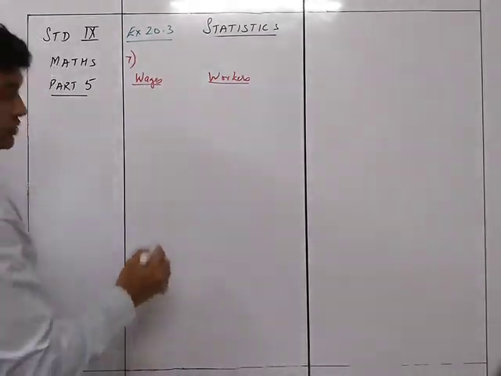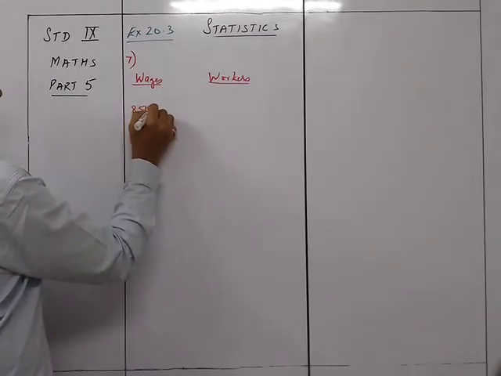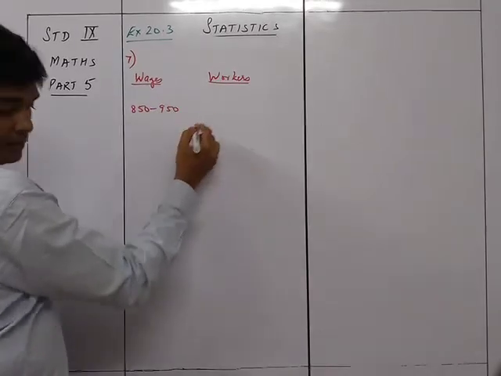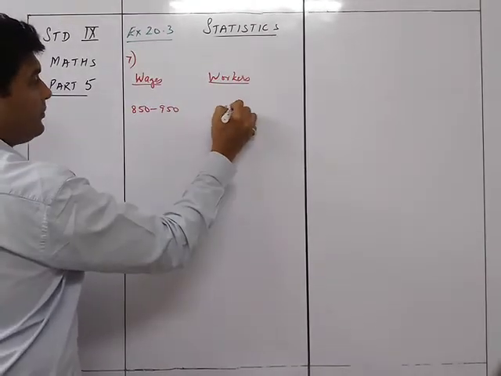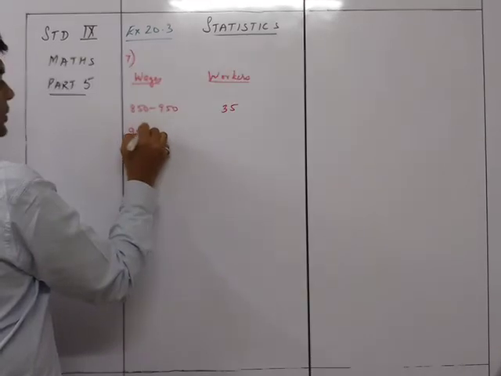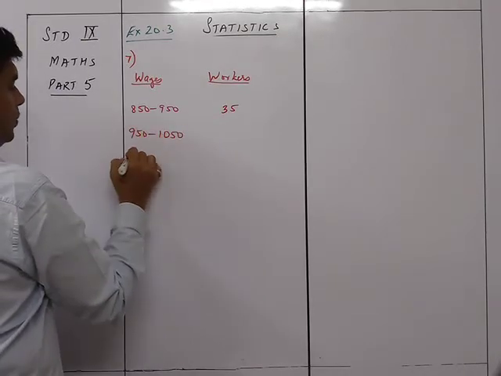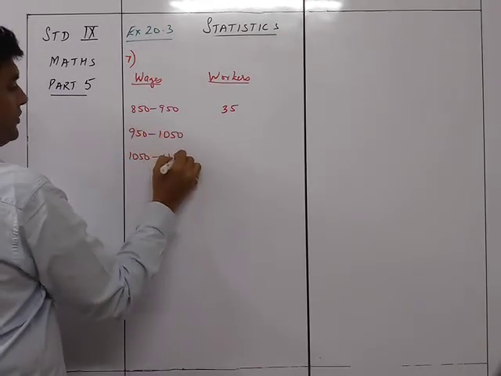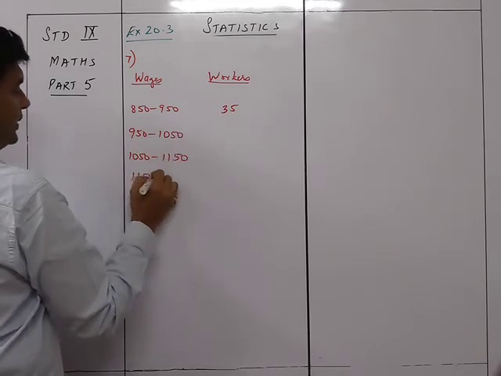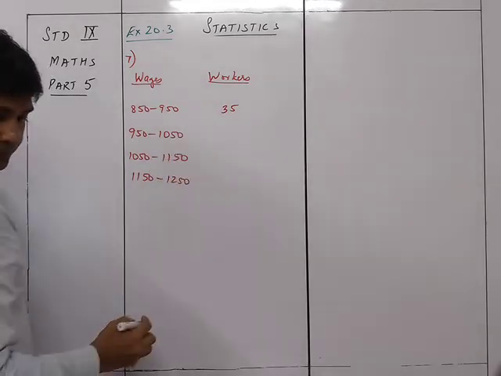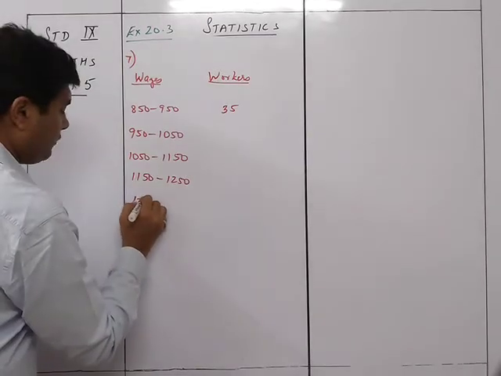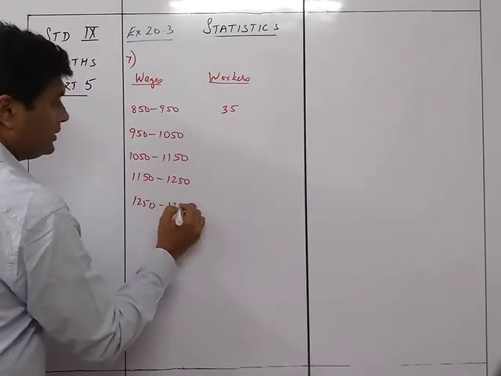You want a histogram. So it will be 850 to 950, that is 35. 950 to 1050, 1050 to 1150, 1150 to 1250, and 1250 to 1350.